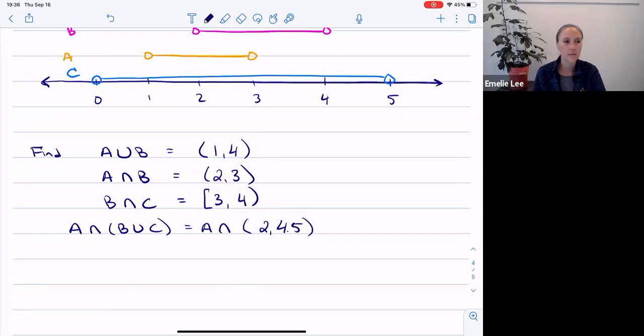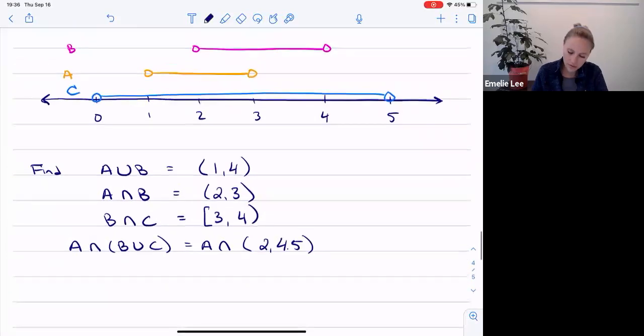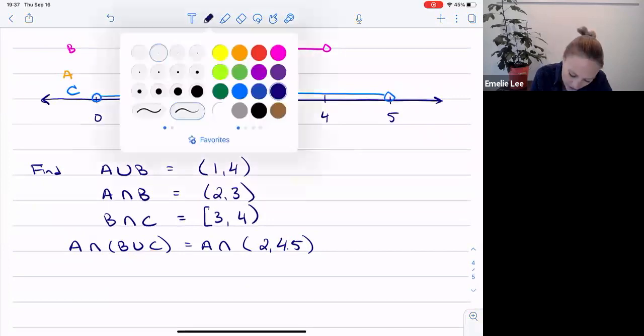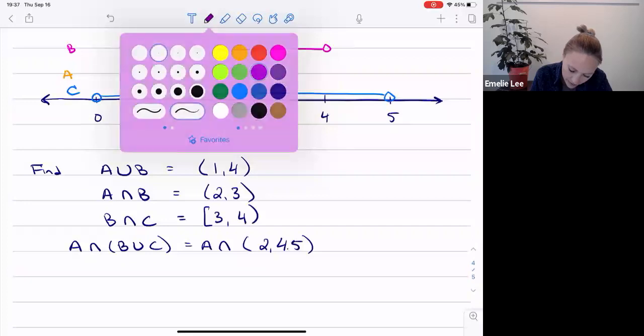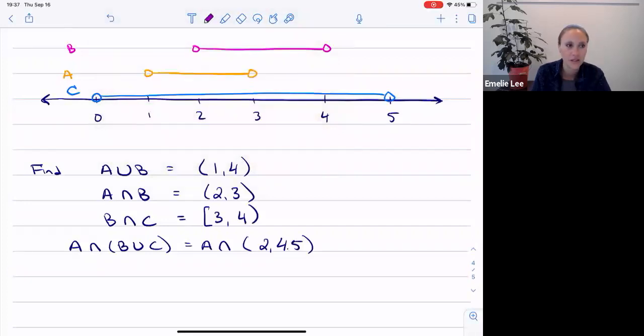Okay. So, like I said, you could draw another line here to denote B or C, from 2 to 4.5. If you find it useful, I'll do it temporarily here. Let's see if I can find a temporary color, purple.